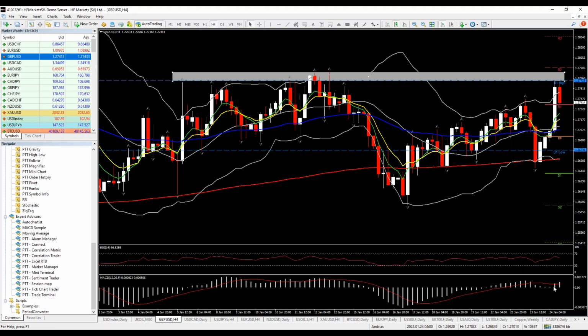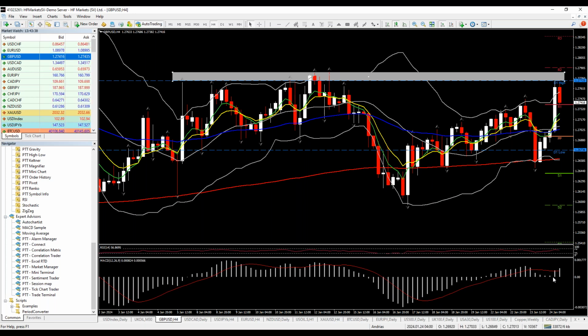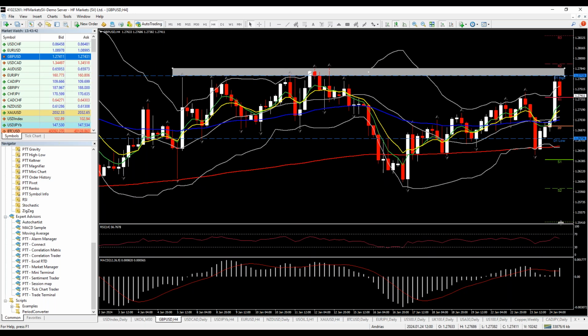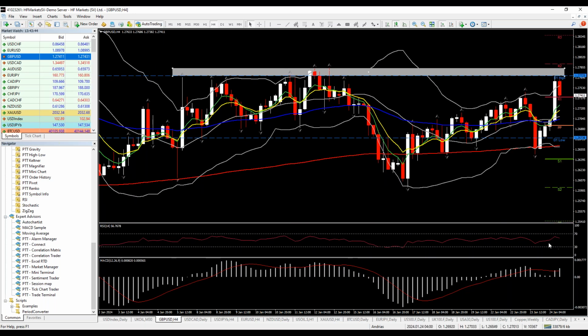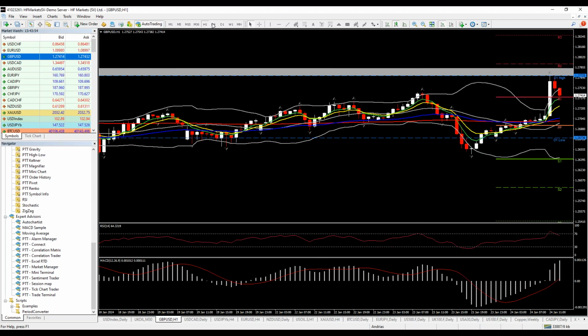That's why we have seen MACD extending a bit higher, you see, cross above signal line. RSI improved, but is quite close to 50, but there is an improvement. You can see this leg higher. And a bullish cross of the fast moving averages as well.